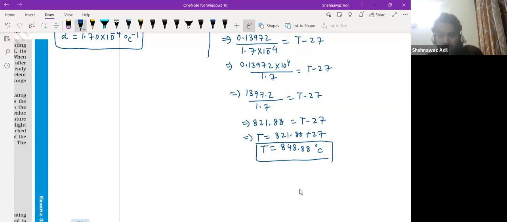Boiling water is 100 degrees centigrade, and that is 8 times the boiling water. So that much hot that toaster is. So do not touch that toaster, right? If it is switched on, do not touch that toaster.